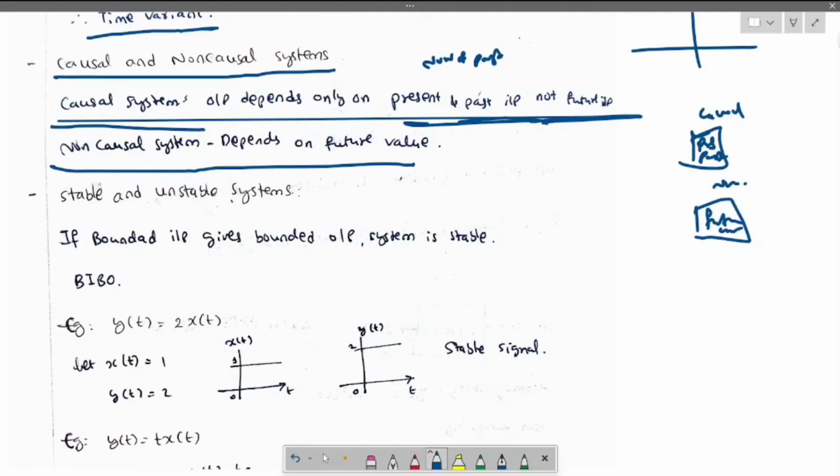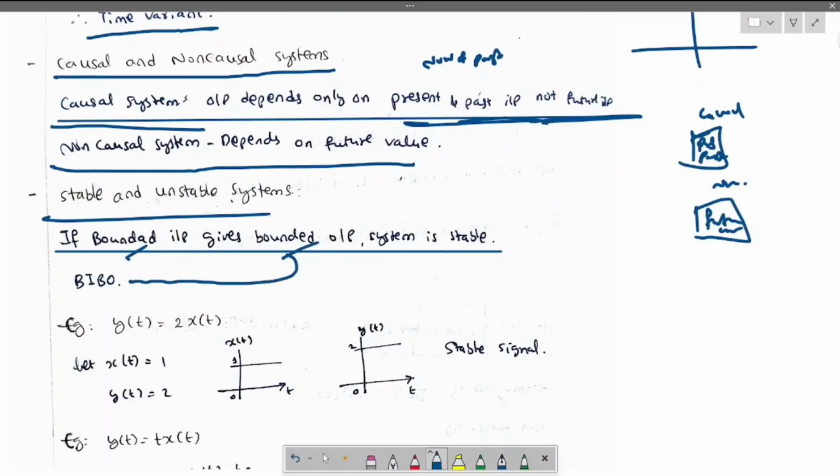Okay, now what are stable and unstable systems? If a bounded input gives a bounded output, the system is stable. Bounded input and bounded output, you can remember in shortcut as the BIBO rule. Okay, for a bounded input, if it gives a bounded output, then the system is stable. How? Let us see by the example y of t equals 2x of t. Let x of t equal 1, then y of t will be 2, right?